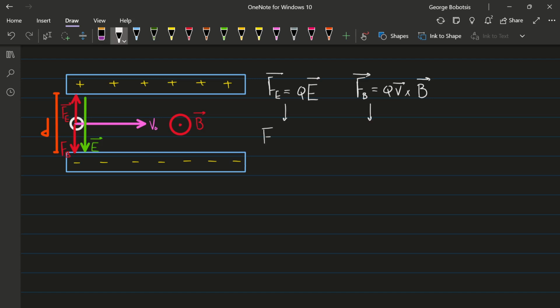The size of FE is the size of the electron's charge times the size of the field, and the size of FB is the size again of the electron's charge, size of its velocity, which is V naught, and then the magnetic field size. There's the sine over here, sine of 90. The V naught and the B are mutually perpendicular in this problem, so that will go away. We don't need it here.